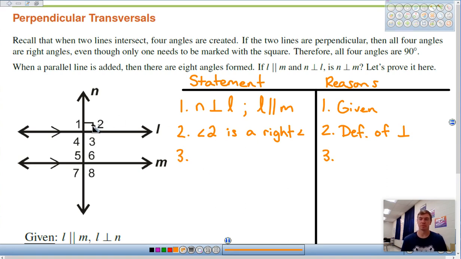Well, 2 is a right angle. We know that L is parallel to M, so it would be fair to say that angle 6 is a right angle. This is from corresponding angles.